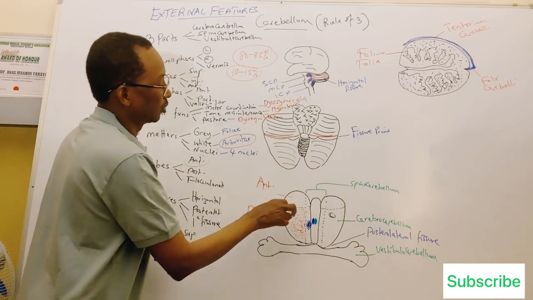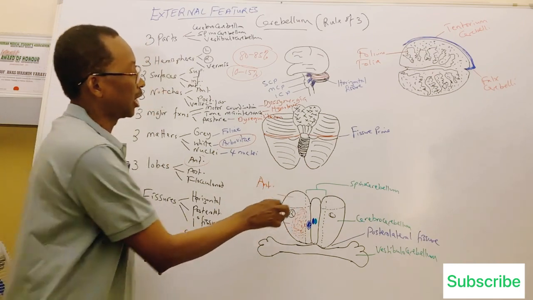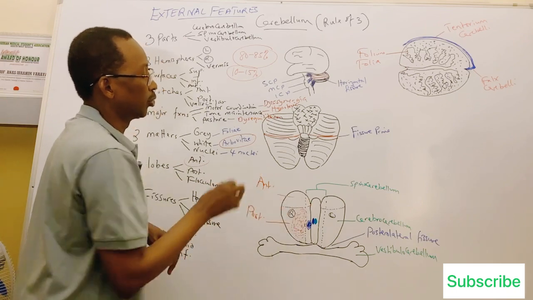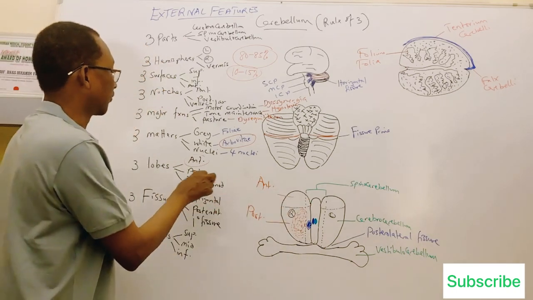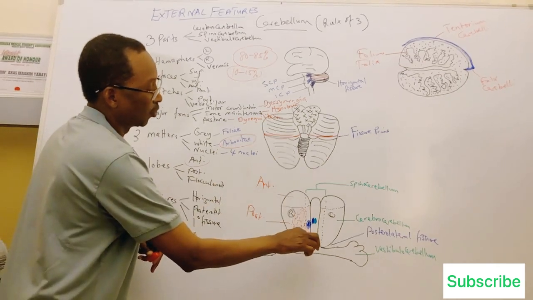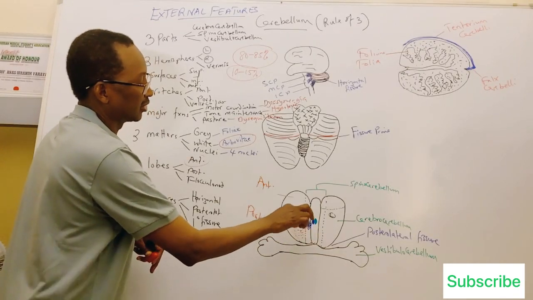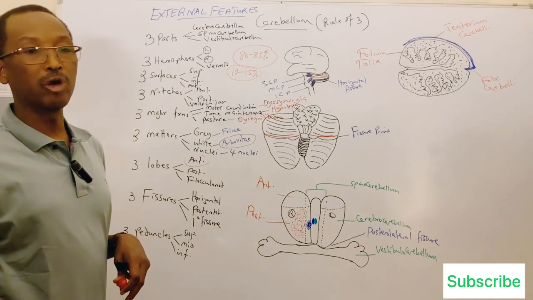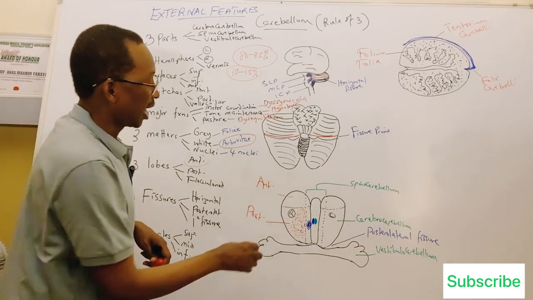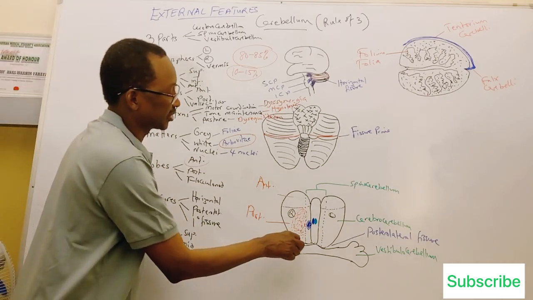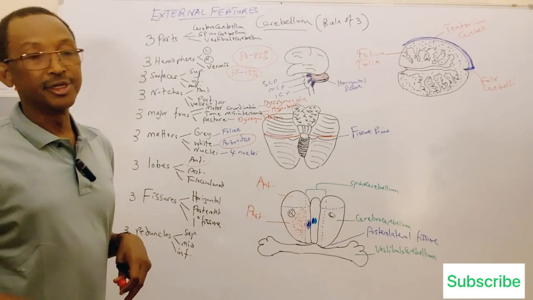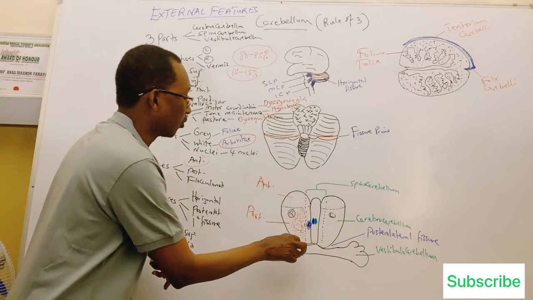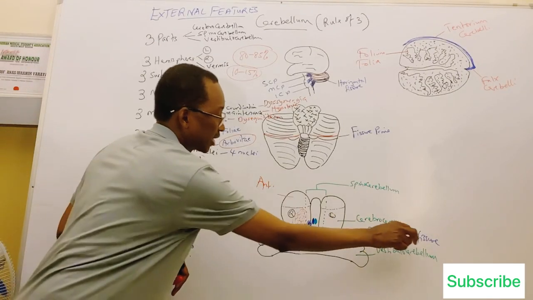In between the anterior and the posterior lobe, we have the primary fissure of the cerebellum, and the other one is the flocculonodular lobe. This flocculonodular lobe is in relation to the posterior lobe of the cerebellum, and is separated from it by what is known as the posterolateral fissure.